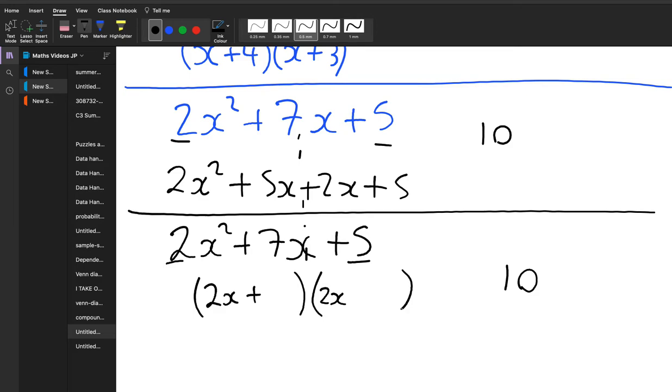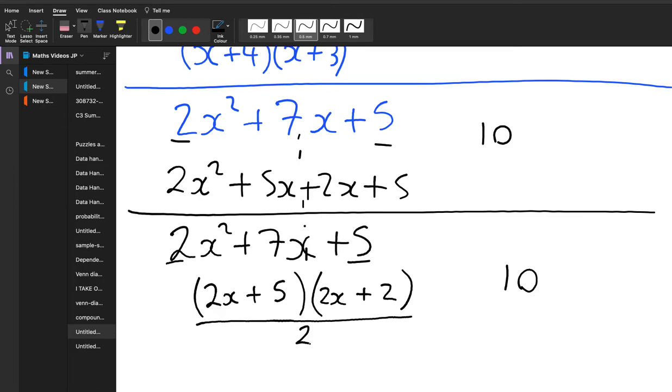So 2x plus 5 and 2x plus 2. If you were to multiply this out, 2x times 2x gives you 4x squared. We don't want 4x squared, we want 2x squared in our expansion. So what we need to do is divide everything by 2.